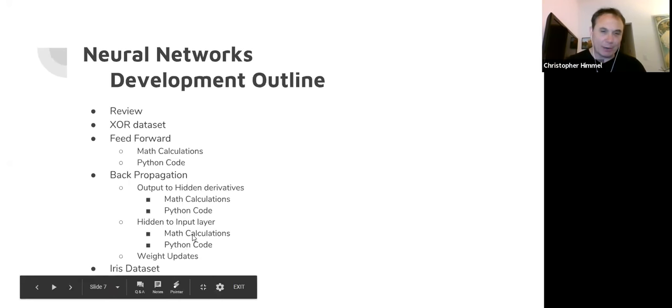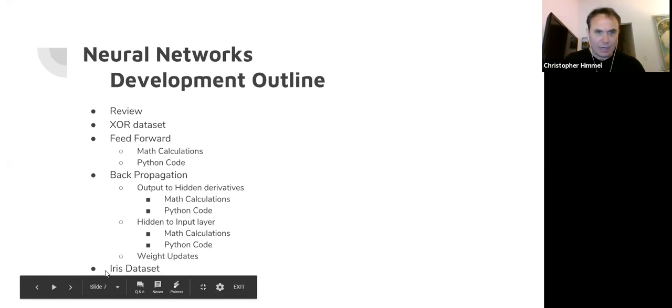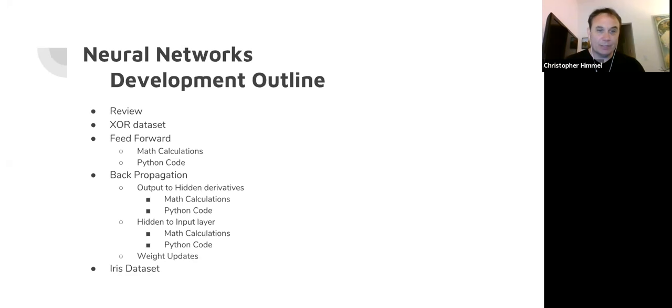Then I will do weight updates once I have these. Once I've passed that error back through, I'm going to update the weights, which is the definition of learning in a network, and then eventually end up with the right close enough answer. We can stop. All right, and after I go through all this, I'm going to pull in this Iris data set and apply the same exact code that we did for this XOR data set.